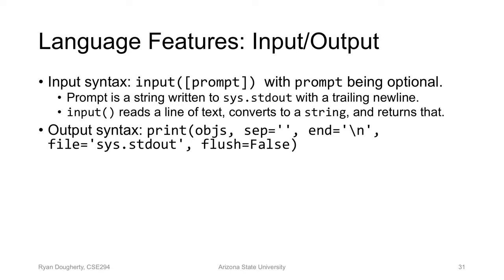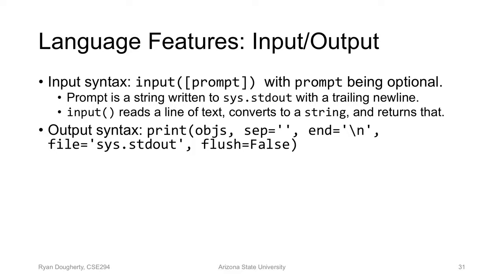We have the print function, which can take in any number of comma-separated arguments, and there are a whole bunch of named arguments which are really cool. Like you can specify the separator between the individual arguments, where all of the output is written. So you can either write to stdout, or you can write to a file explicitly.